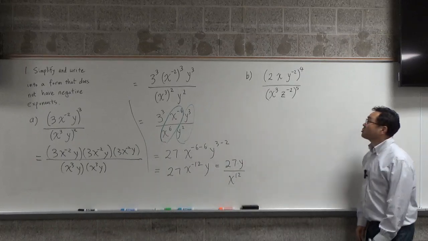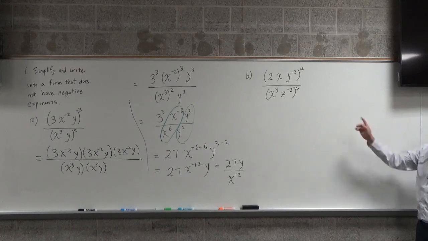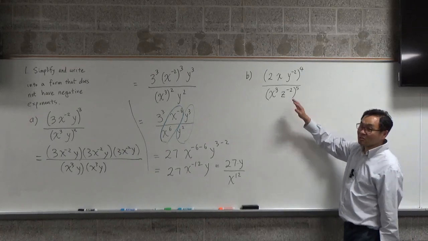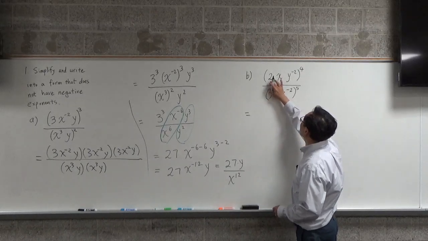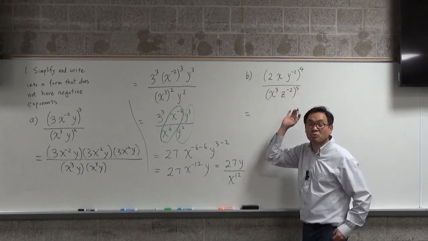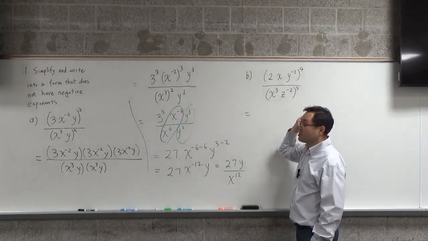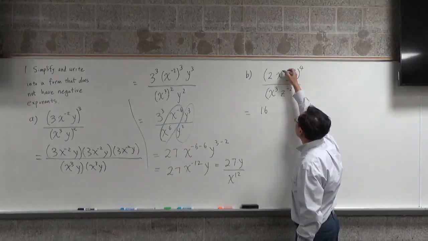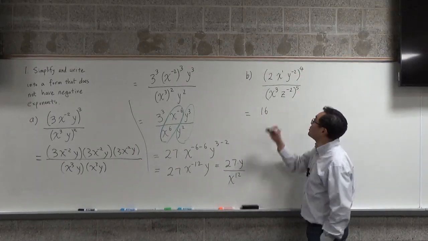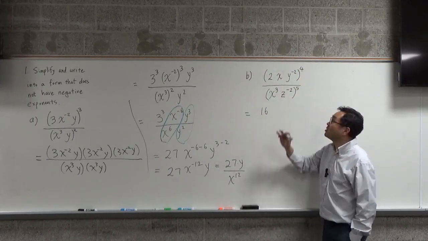I'm trying to solve another question because I want to demonstrate that you don't have to go through all the calculations. You can skip a lot by doing the following. If you have 2 to the fourth power, what's 2 times 2 times 2 times 2? 16, right? So 2 to the fourth power would be 16. And anytime you don't have an exponent, you can think of it as having 1 as the power.